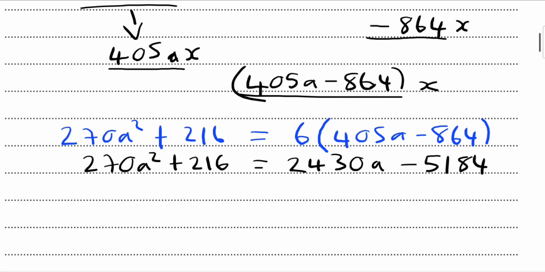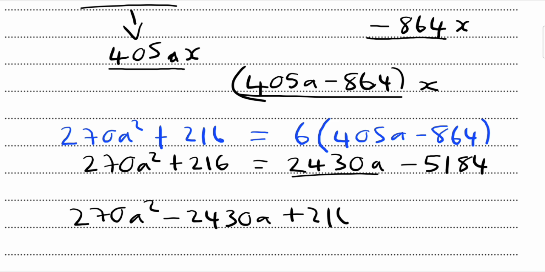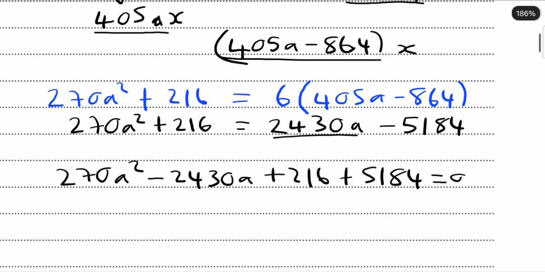For us to find a, we're going to make a quadratic equation out of this. So we say 270a squared, then we take everything to the left hand side, so it will be minus 2430a plus 216 plus 5184 equals 0.